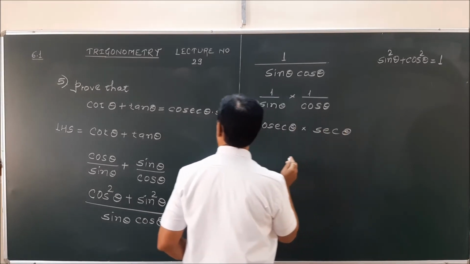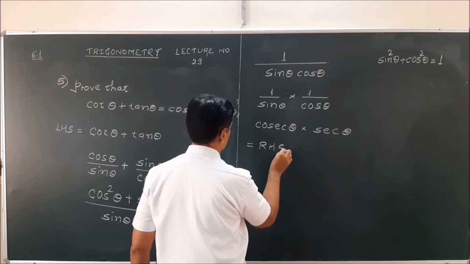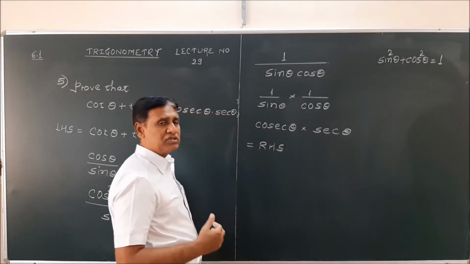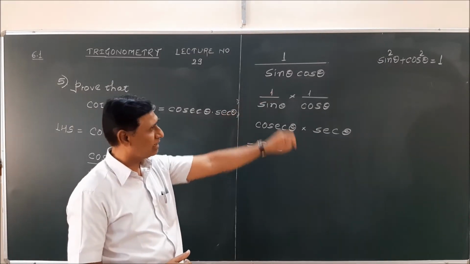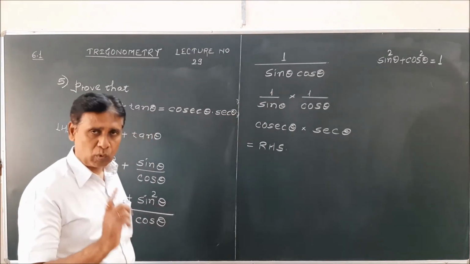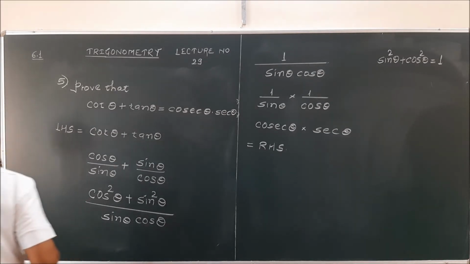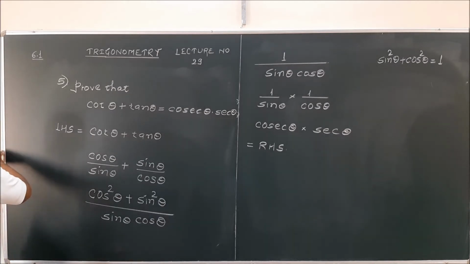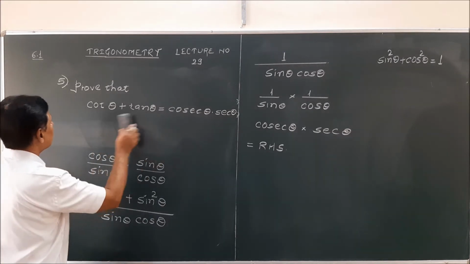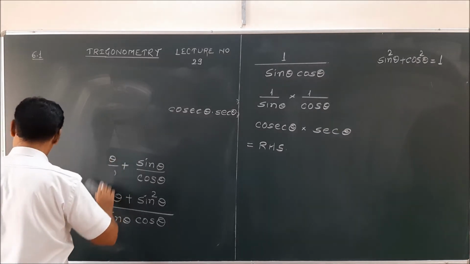And this is nothing but RHS. So very important to note, you must give the reason sin square theta plus cos square theta is 1, as well as convert cot to cos upon sin, and tan to sin upon cos.